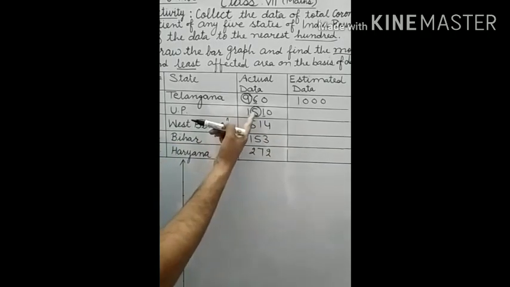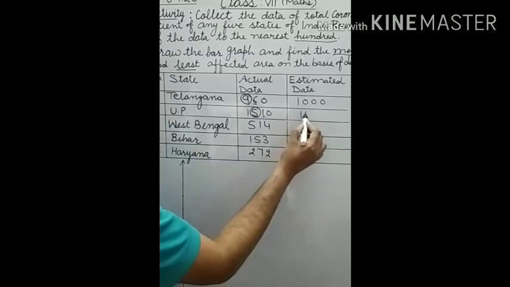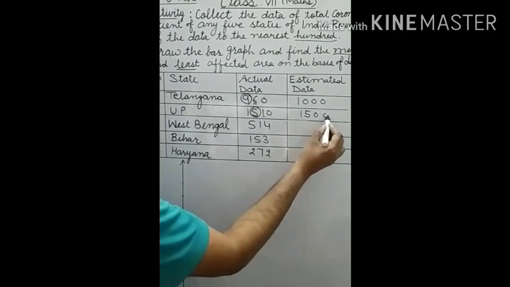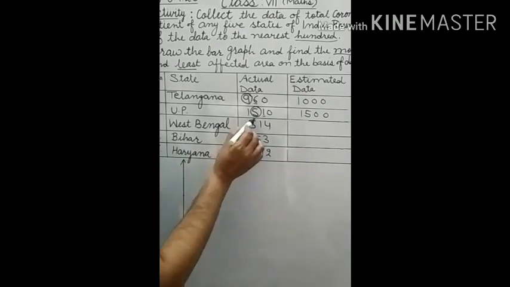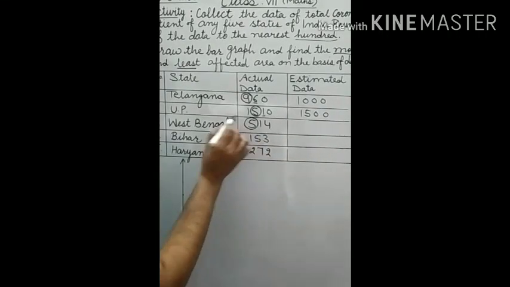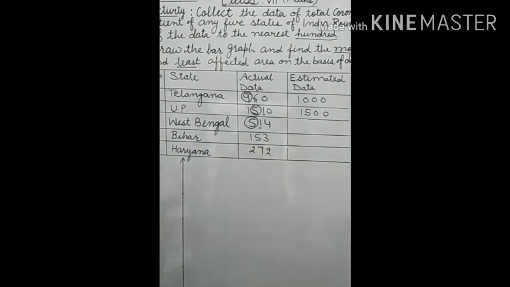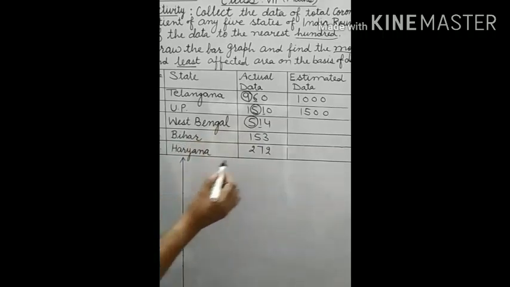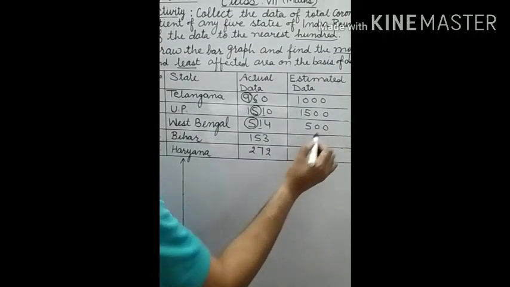So 1510 will be rounded off to 1500. Now take the next one, 514. Again encircle this digit. Here the 10s digit is 1, less than 5, so this will remain the same. So this number will be 500.